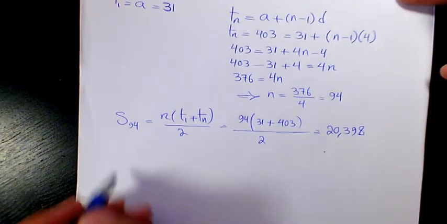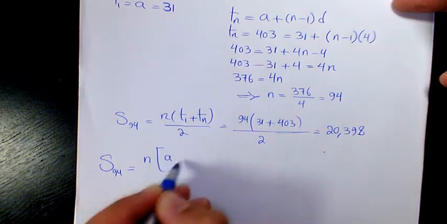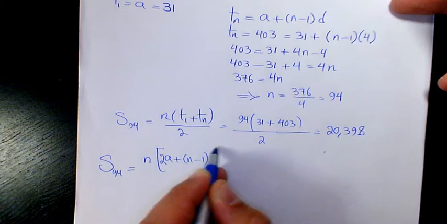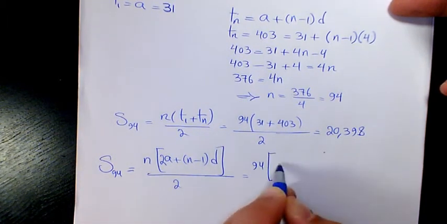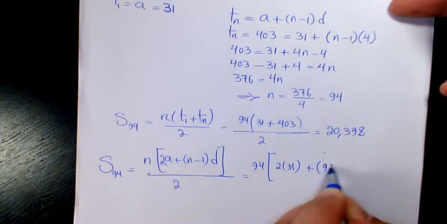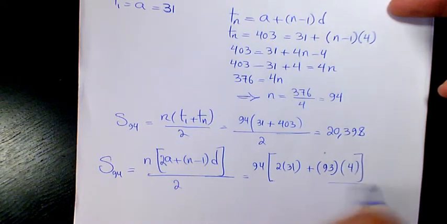Let's use the other formula as well. You don't need to do that, but I just want to show you that it's going to give you the same answer. So 94 times (2 times 31 plus (n minus 1), which is 93, times d, which is 4), divided by 2.